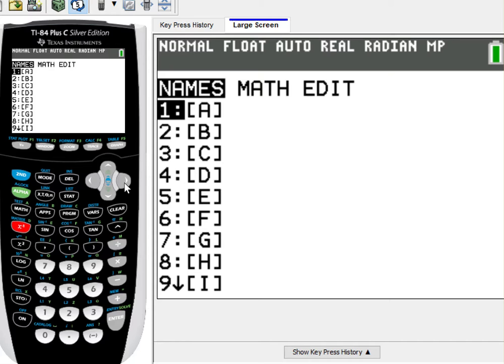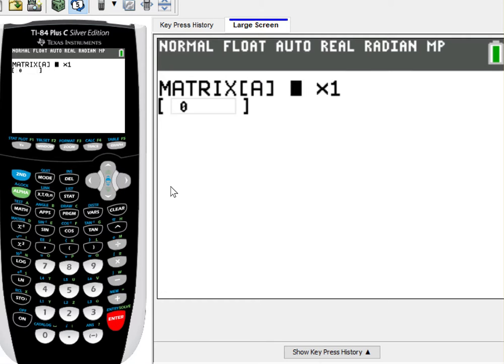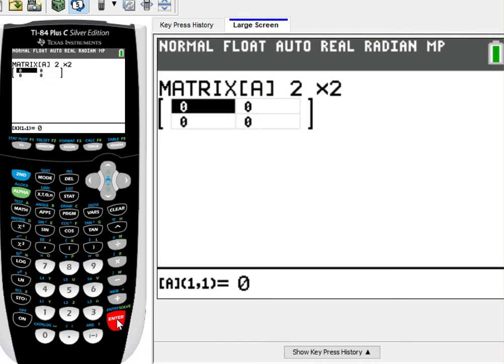Edit the matrix 1, the matrix A, enter, and we will write a 2 by 2. So 2 by 2, enter, and we need to enter the four numbers of the first matrix, the matrix that we will invert. So that was 2, 7, that's our two first numbers on the first row, the first equation, then 3 and minus 5.